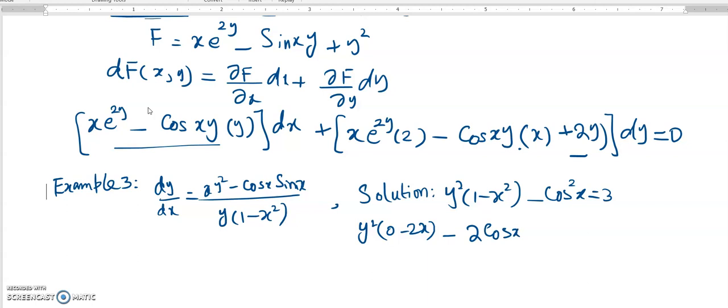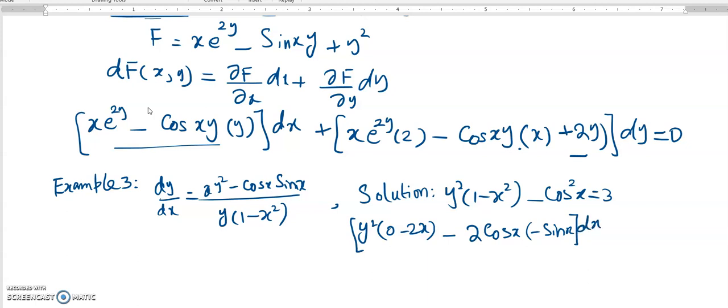Because this 2 will come out, it will be 2 cos x, and from the chain rule, the derivative of cos x is minus sin x. So this will be the whole term enclosed with dx.